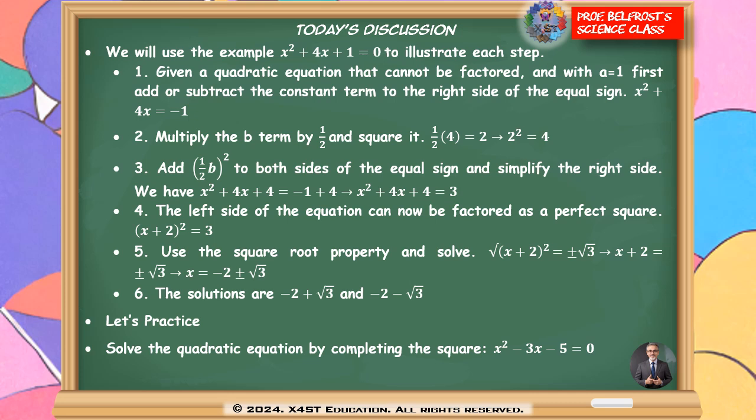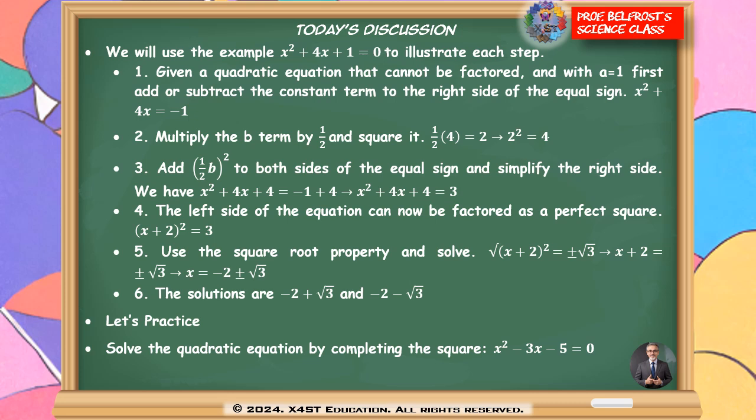For example, we want to solve x squared plus 4x plus 1 equals 0. So here's the step. First, we move the constant to the other side, so we create x squared plus 4x equals minus 1. Then we take the b term, I mean 4 here, multiply by half and square it. So half times 4 is 2, and squared it makes 4.